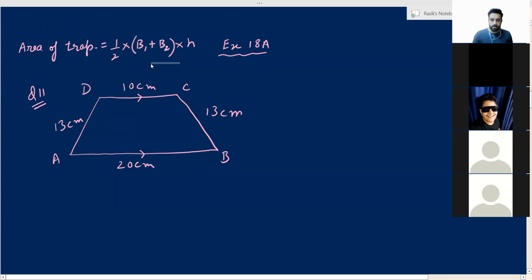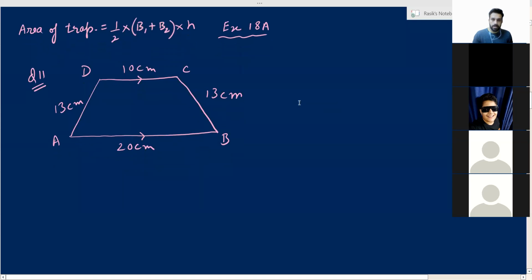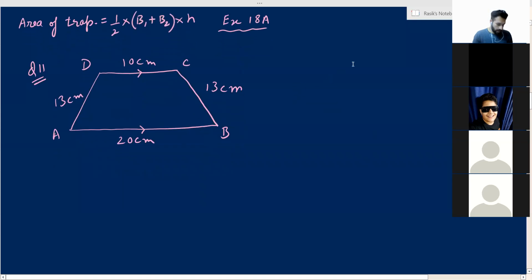Sir, 10 and 20. 10 centimeters and 20 centimeters, correct? The height of the trapezium is given or not? No, sir. No, the height of the trapezium in this case is not given. So somehow we have to find the height of the trapezium and hence find the area of the trapezium.